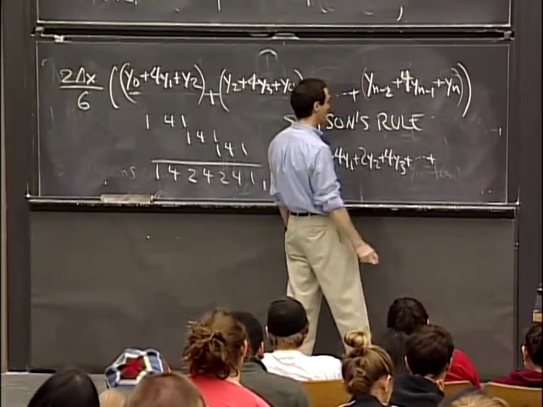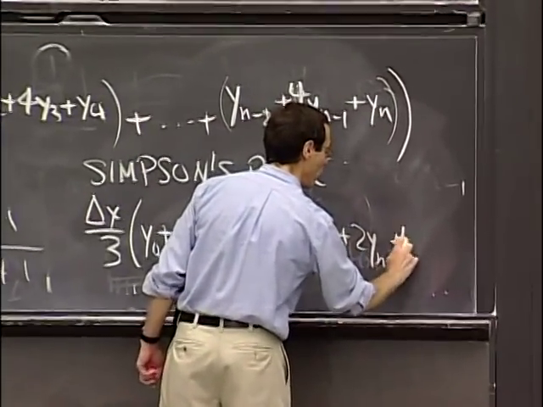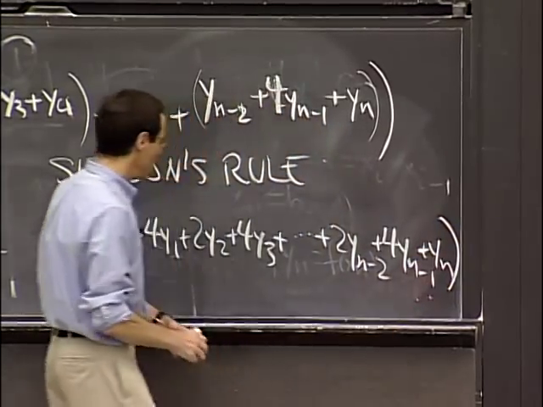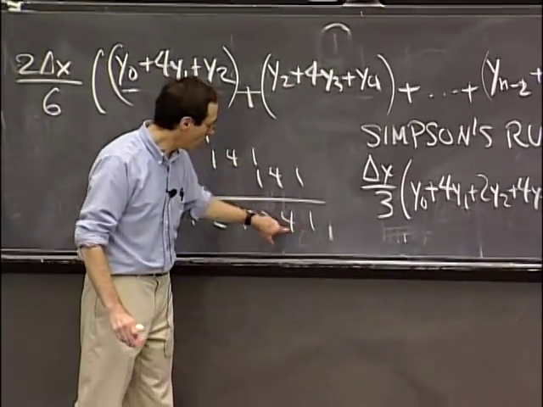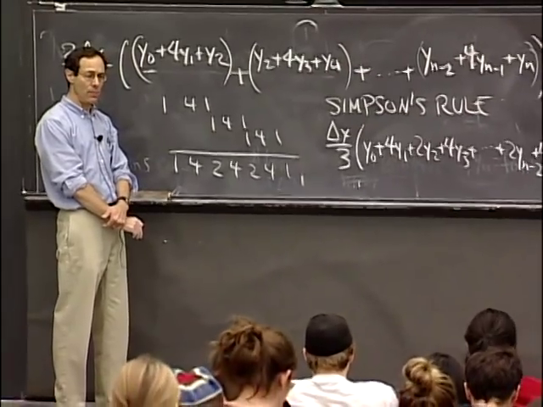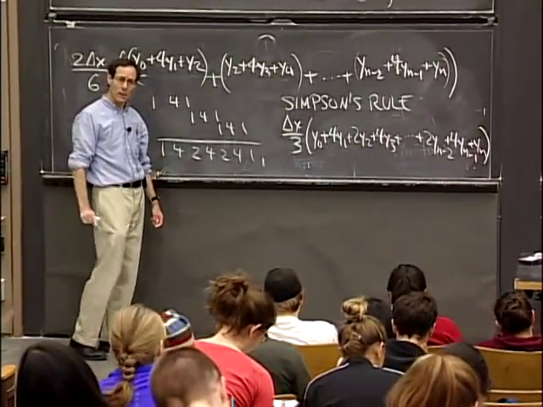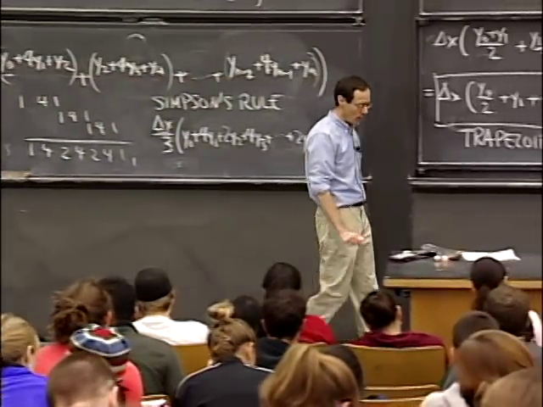And in the end, it's 2yn minus 2 plus 4yn minus 1 plus yn. So again, a 1 and a 4 to start, a 4 and a 1 to end, and then alternating 2s and 4s in the middle. And this weird weighted average is way better, as I will show you next time.